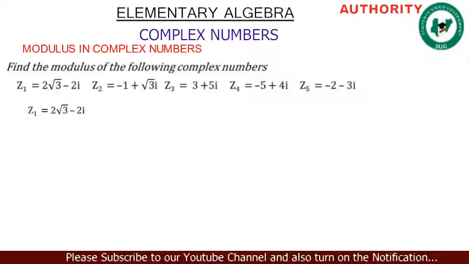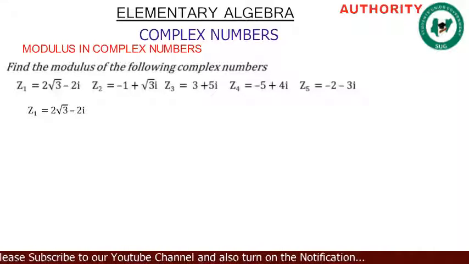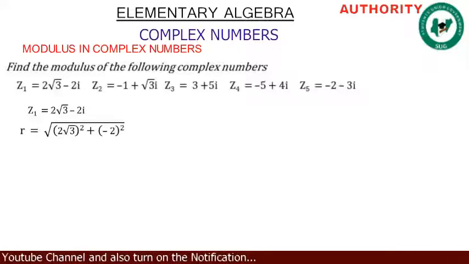z1 equal to 2 square root of 3 minus 2i. So we have r to be the square root of x squared plus y squared. Now r is equal to the square root of x squared, where x in z1 is 2 square root of 3. So 2 square root of 3 squared plus y, which is minus 2, squared.